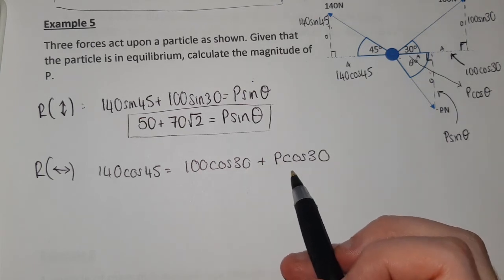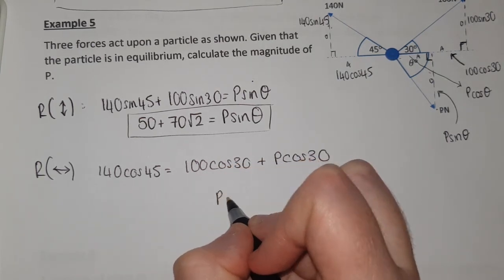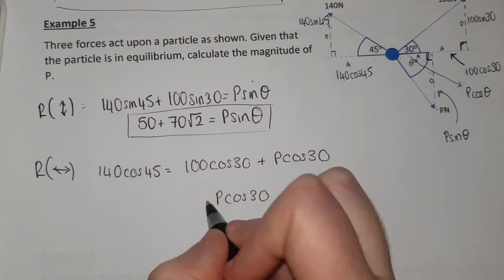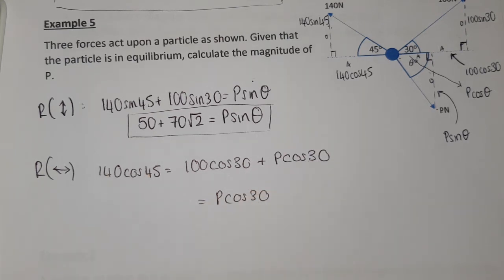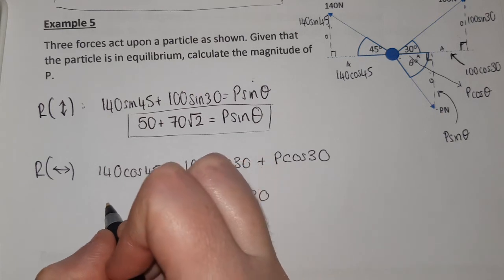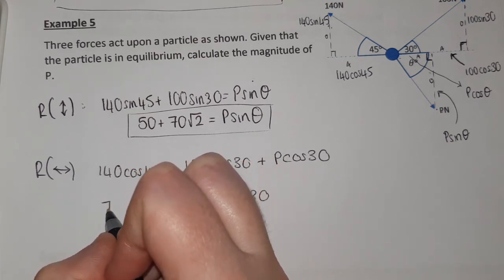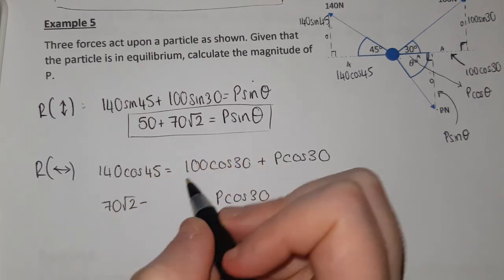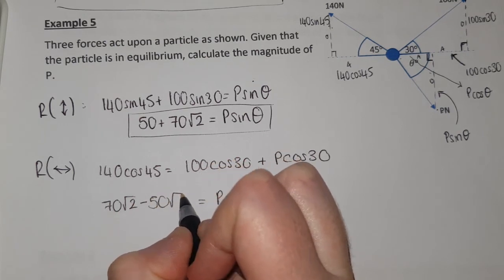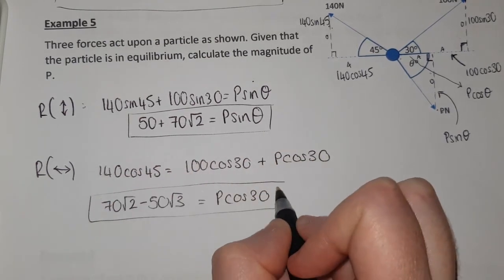We want P cos theta to be the subject of this equation, so P cos theta has to be equal to 140 cos 45 minus 100 cos 30, which is going to give us 70 root 2 minus 50 root 3. So I've got a second equation.